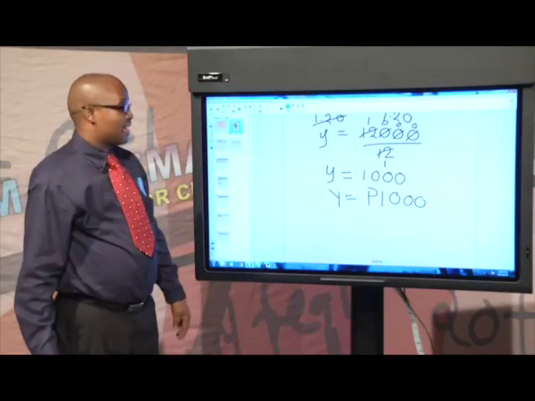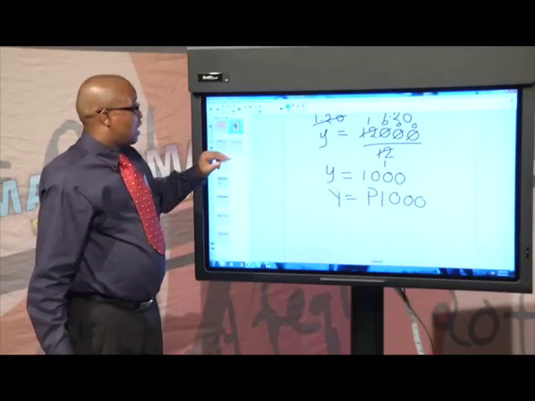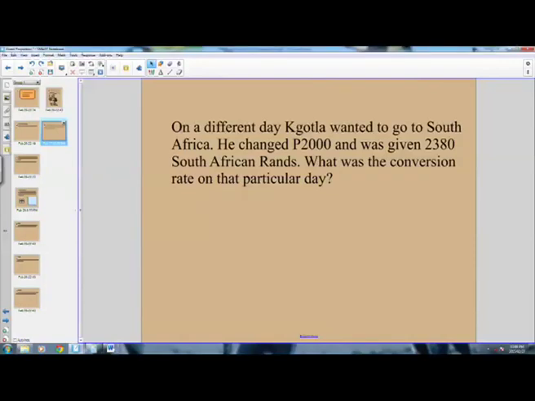Let us look at another example and find out how you can convert between these currencies. Another one says, on a different day, Khotla wanted to go to South Africa. He changed 2,000 pula and was given 2,380 South African rands. What was the conversion rate on that particular day?